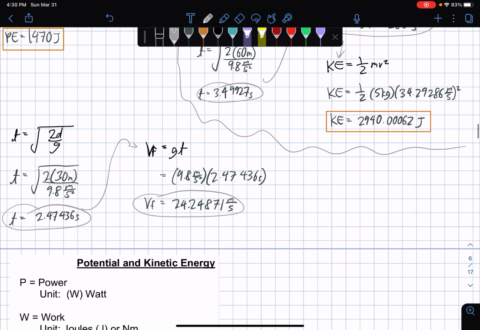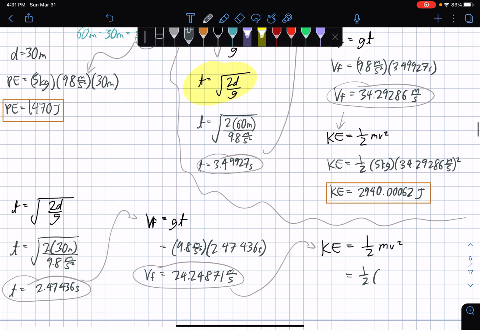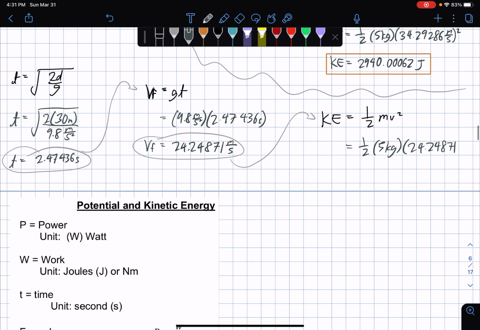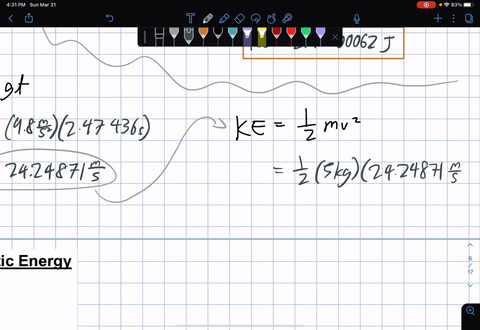Okay. Now, next we use the KE formula. 1/2 times the mass. Mass is what? 5 kilograms. Velocity, 24.24871 meters per second. So, what's the outcome?